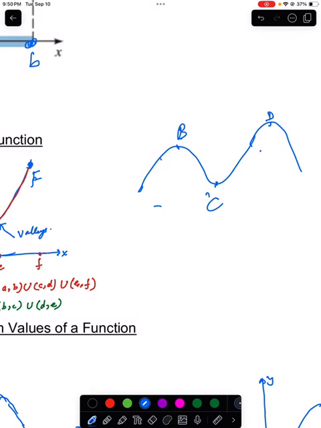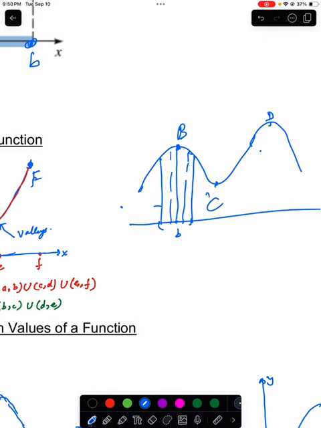If you look at all the y values within this interval, they are smaller than the y value at B. That's why this y value is called a local maximum, or local max.